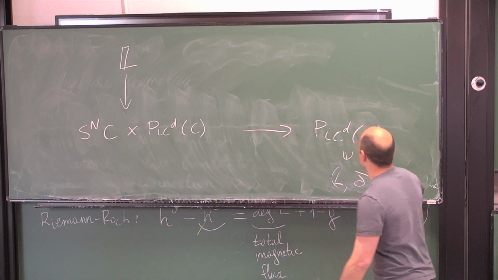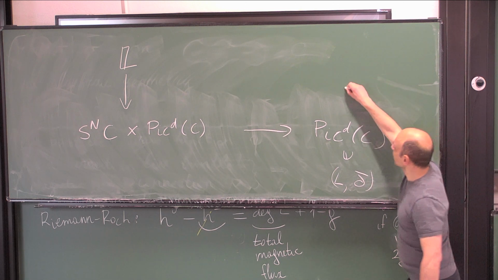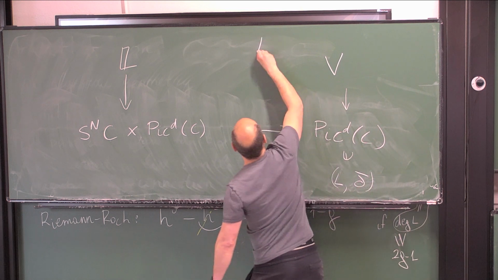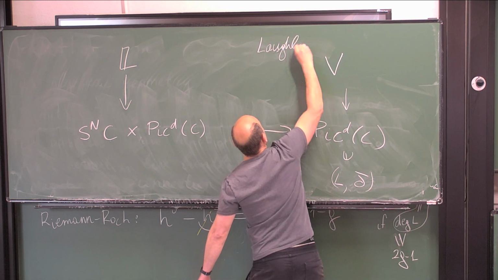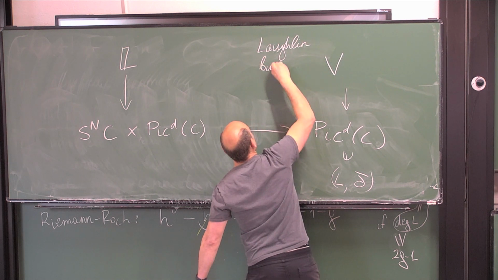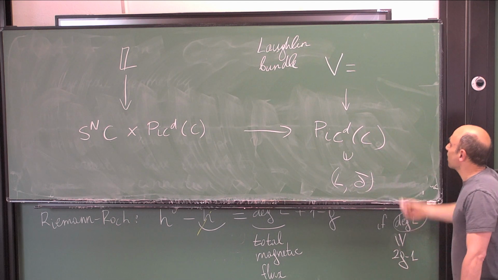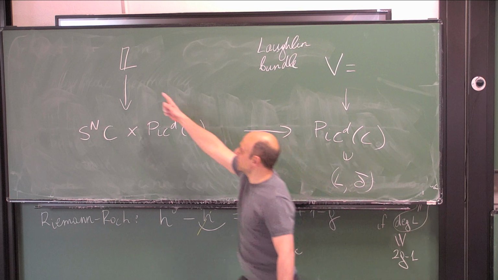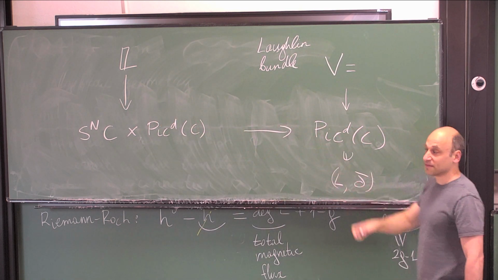And what we obtain is a vector space. So for each point here, we have a vector space. So here we have a vector bundle, the Laughlin vector bundle. That is, for every point, it's the space of sections of this L on the corresponding fiber.